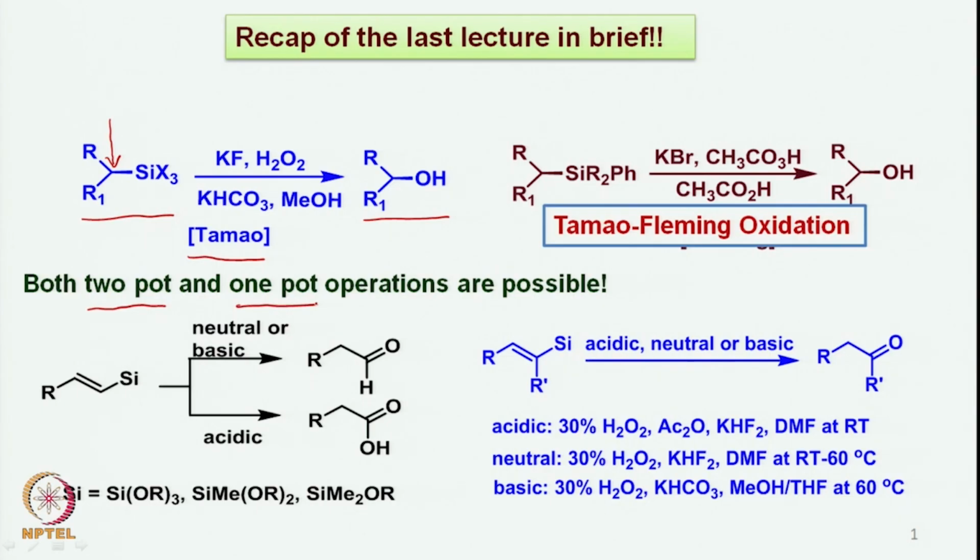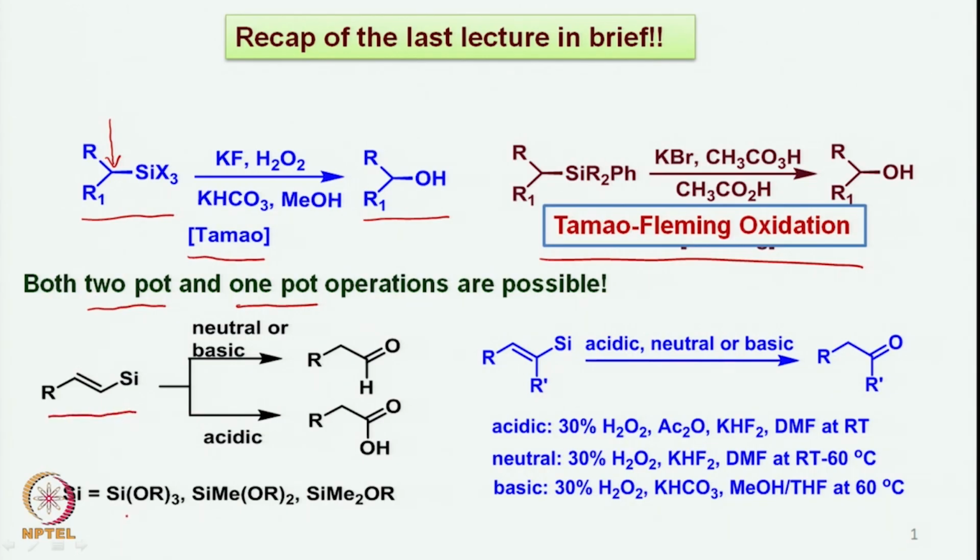In both cases, in the Tamao's case as well as the Fleming oxidation case, eventually we get the same product, with retention of configuration of the hydroxy group from the silicon bonded group that we started with.